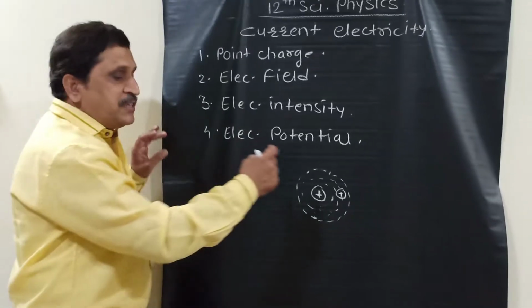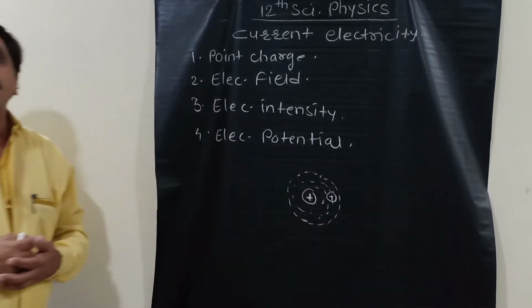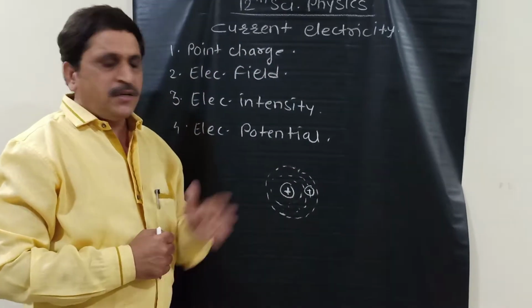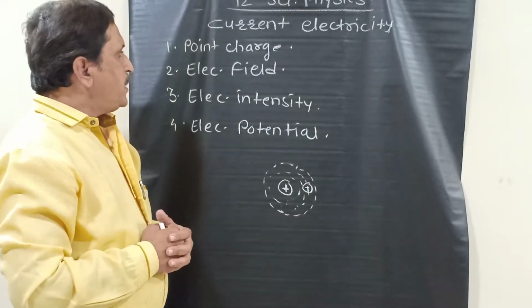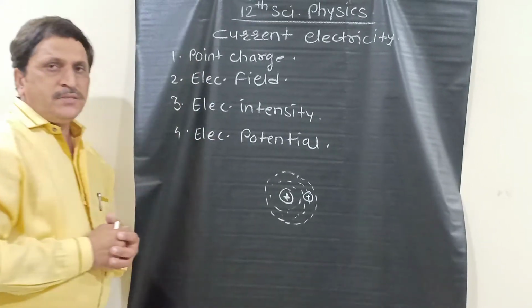That means a specific field around a point charge in which another identical charge experiences a force is known as electric field.